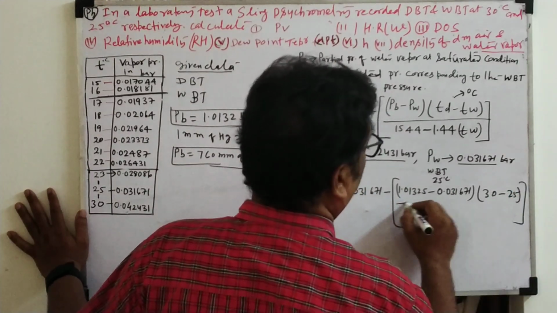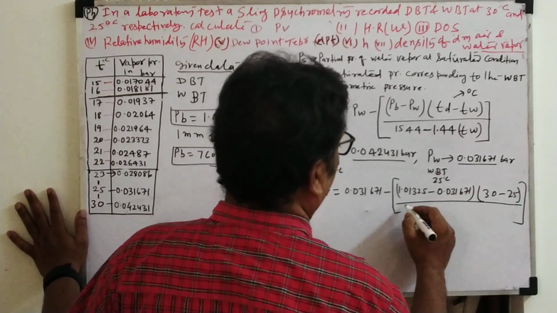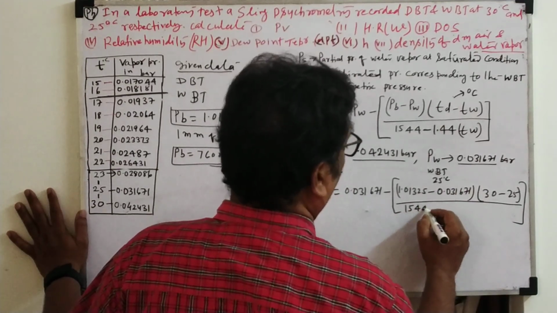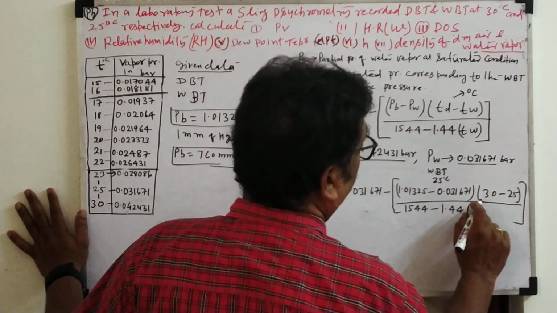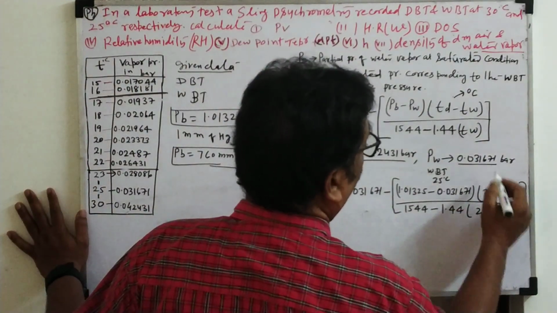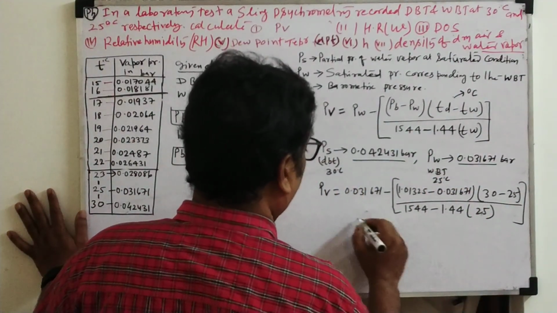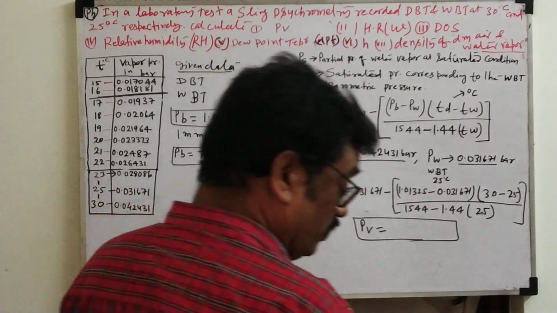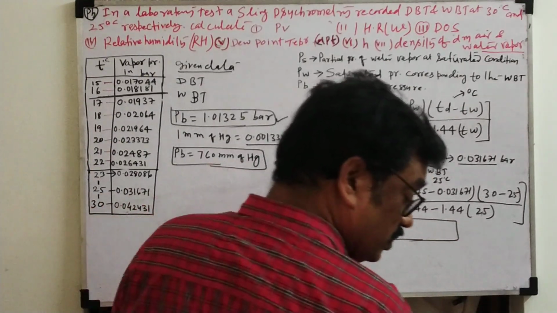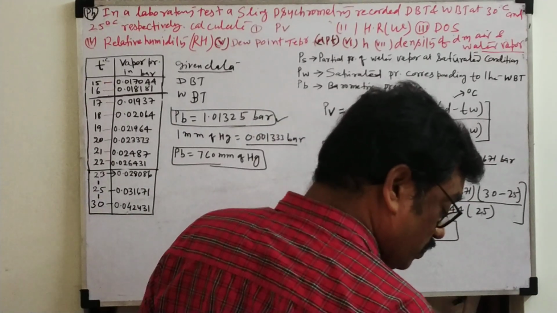As I told, these two values will be in degrees Celsius. Then 1544 minus 1.44 times 25 degrees. Why 25? Because TW is the wet bulb temperature. If we solve this, we will get the PV value, coming to about 0.0.